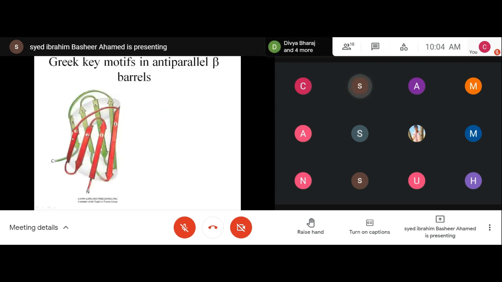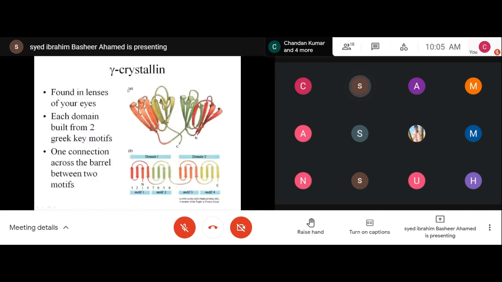Then we have another barrel, which has a Greek key motif in an anti-parallel beta barrel. Here the beta strands are arranged in an anti-parallel way, but it is a Greek key motif. An example is gamma crystallin, which is found in the eye lens.